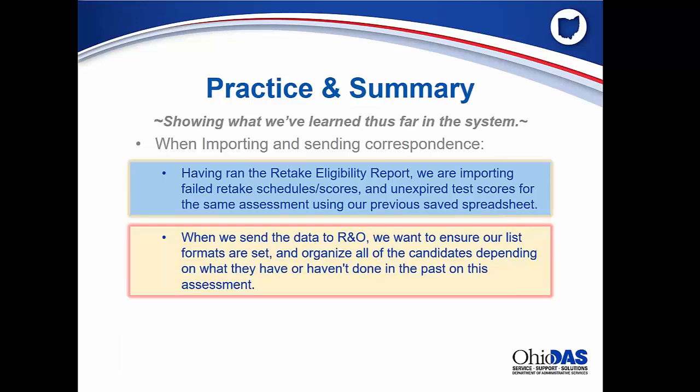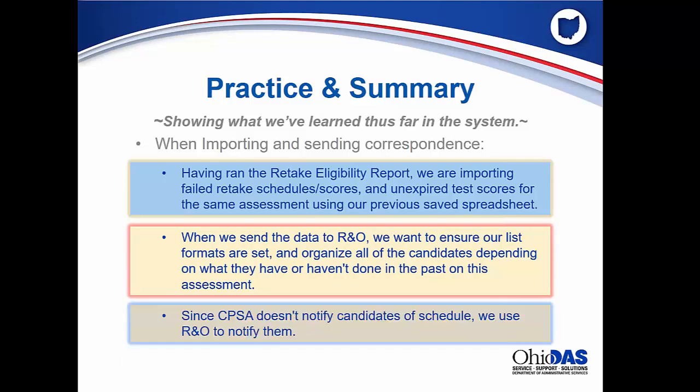When we send the data to Recruit and Onboard, we want to ensure our list formats are set so we can organize all the candidates depending on what they have or haven't done in the past on this assessment. And since CPSA doesn't notify candidates of schedule, we actually use Recruit and Onboard to notify them.